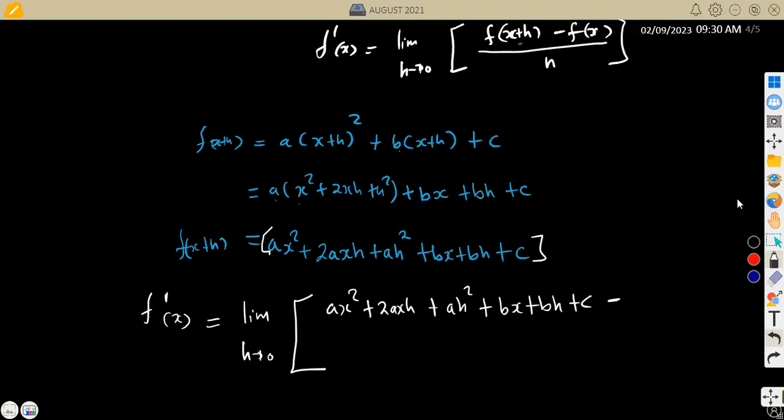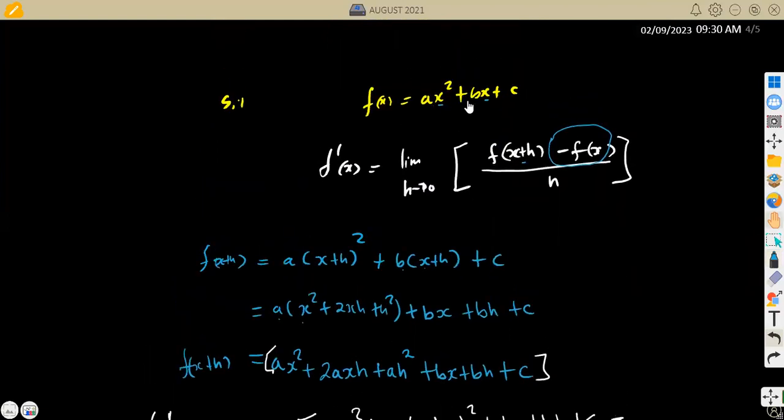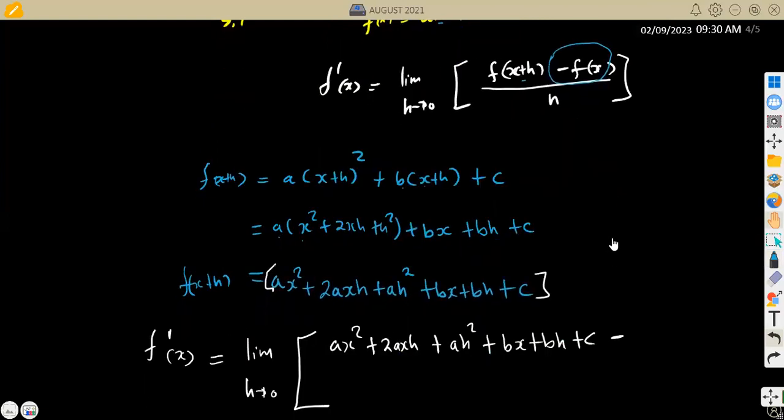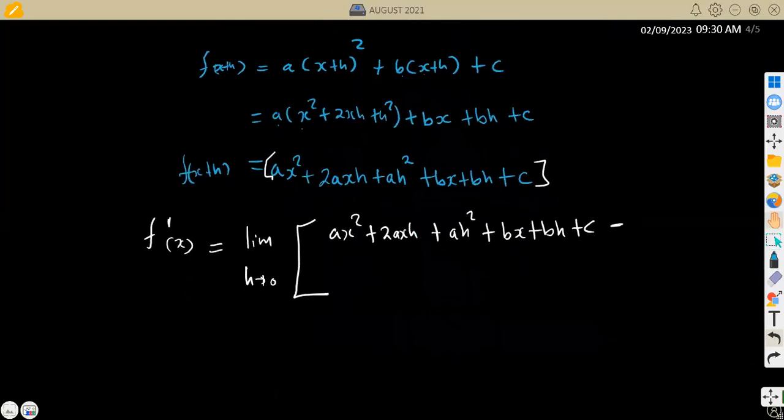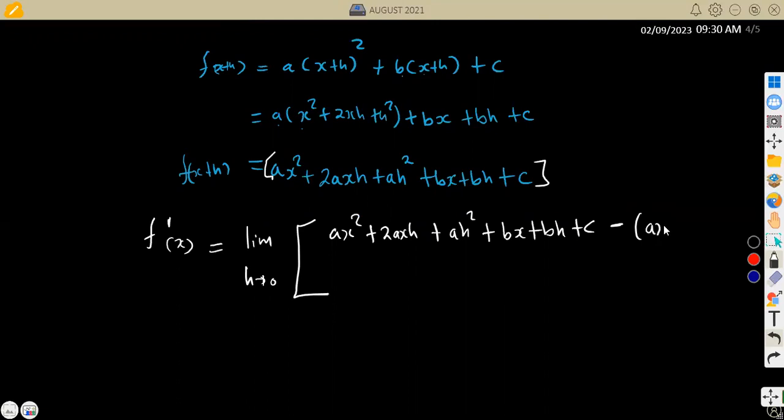Then we subtract f of x as per our formula. Our f of x is this function, ax squared plus bx plus c. So we open the bracket, then we subtract everything: minus, open, ax squared plus bx plus c, everything over, all right?